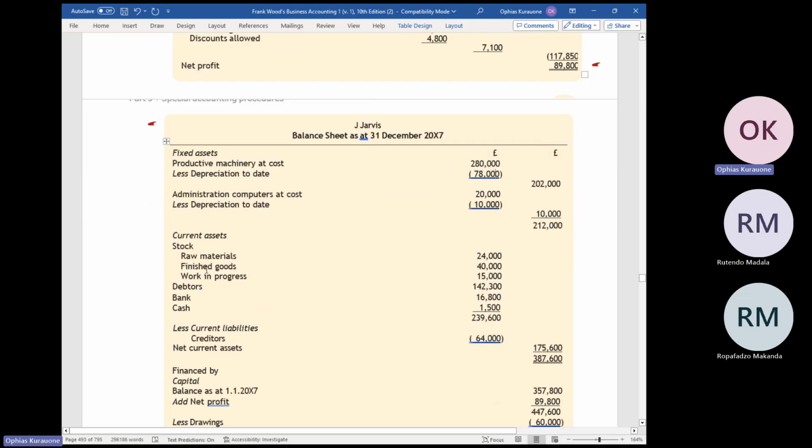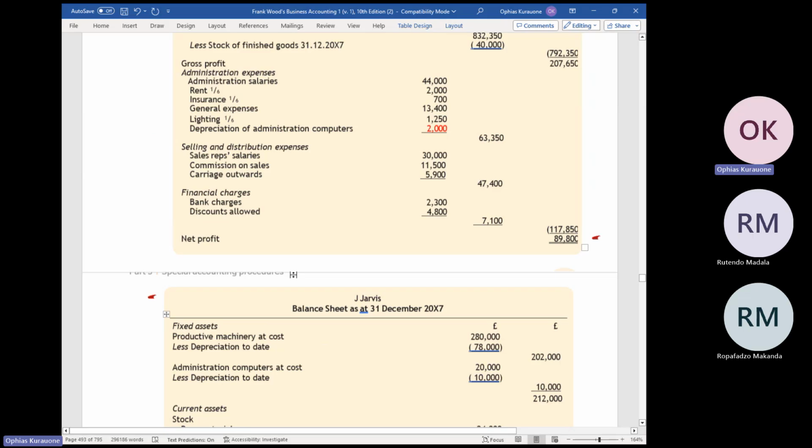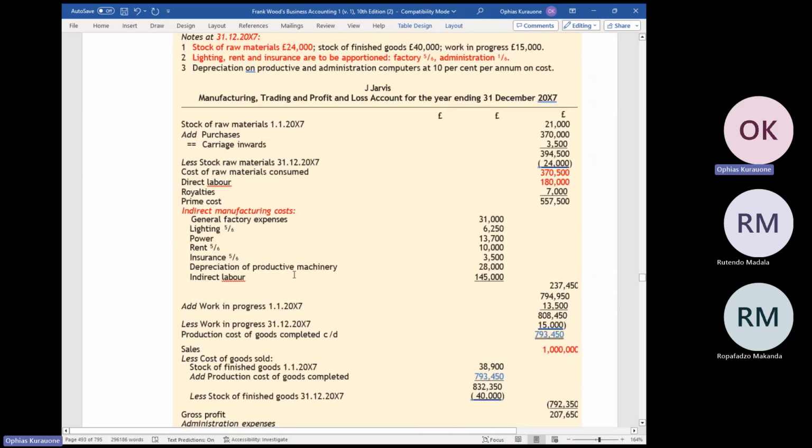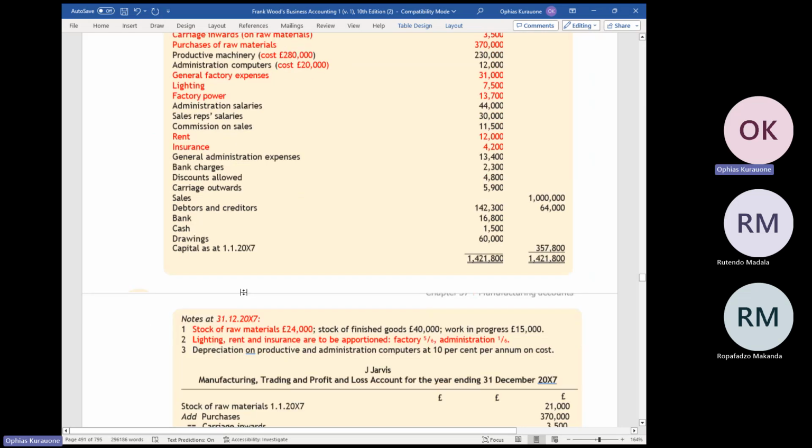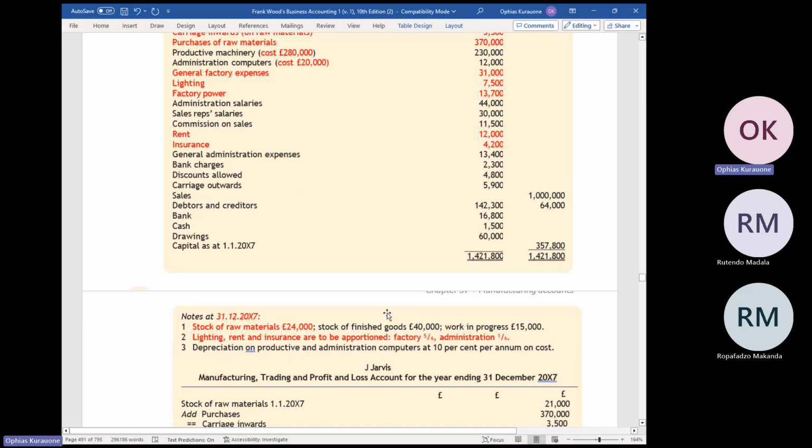Then our current assets, stock. Here we take the closing inventory, the closing figures. If you come to your question, the closing inventory for raw materials is 24,000, finished goods and work in progress, these are all closing stock. Then you take bank, this adjustment is your asset.